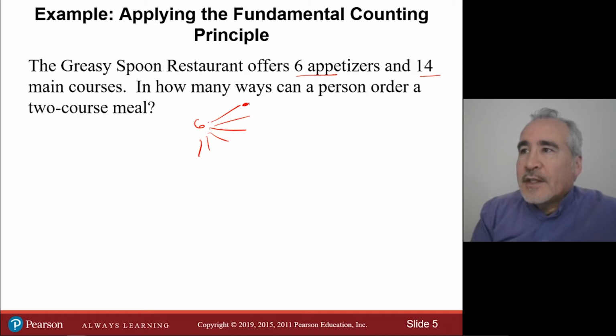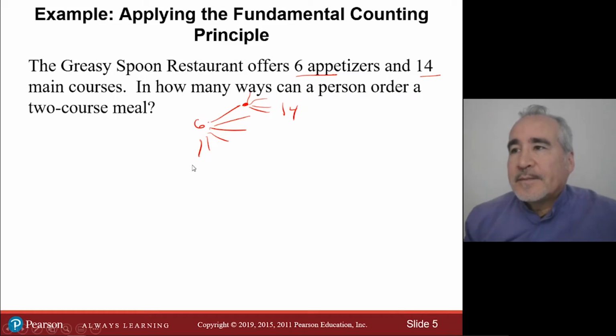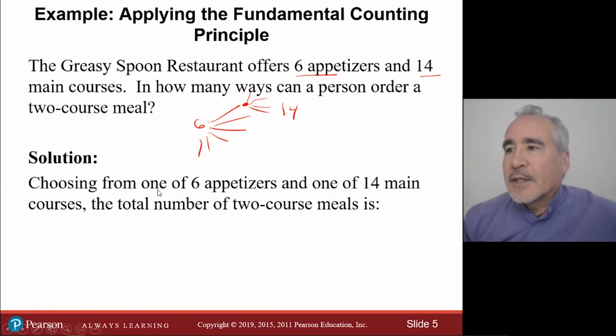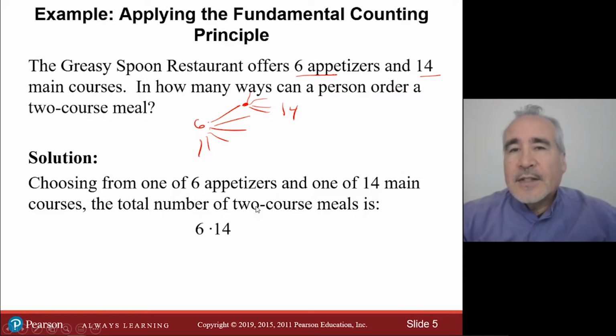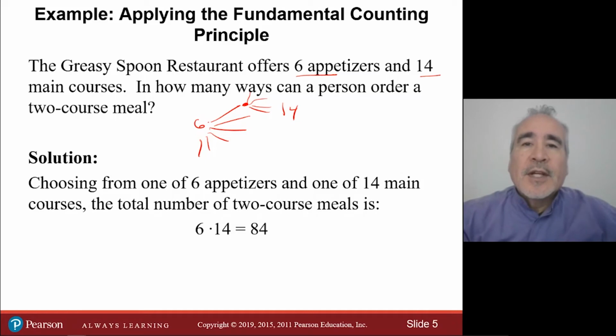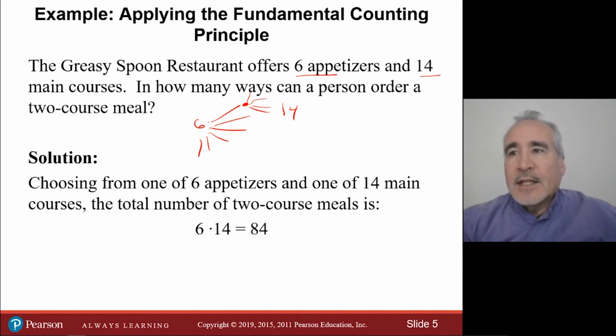And then from each of these options, you get 14 main courses spreading off. So 6 times 14 will give you your total. I'll let them do the work. 6 appetizers, 14 main courses, and indeed 6 times 14 is what we have. We have 84 different meals we could come up with that would consist of an appetizer and a main course.